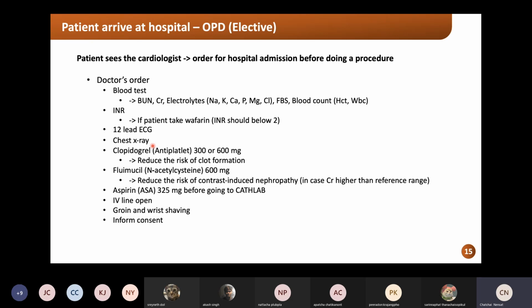And the FBS, fasting blood sugar, is also important, because if the patient has a low blood sugar level, the patient might have some conditions like fatigue and hypotension, and it will increase the risk of unpleasant events while doing the procedure. And the blood count is also an important laboratory test, because we need to know how good the hematocrit of the patient is.